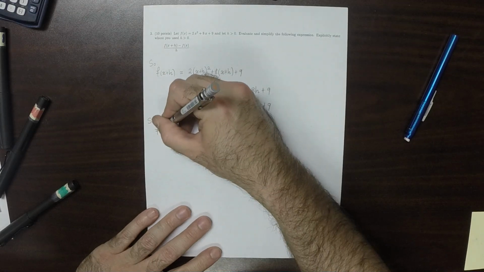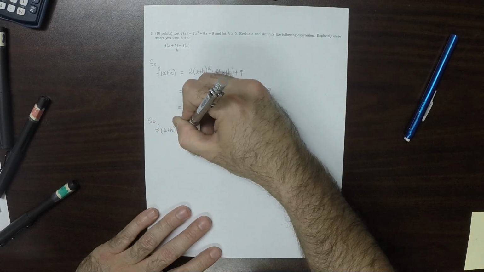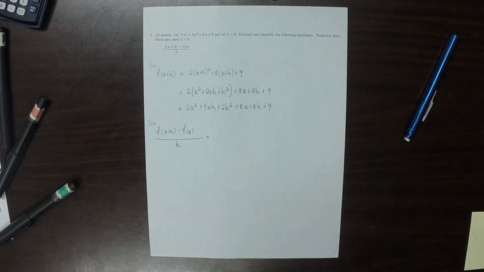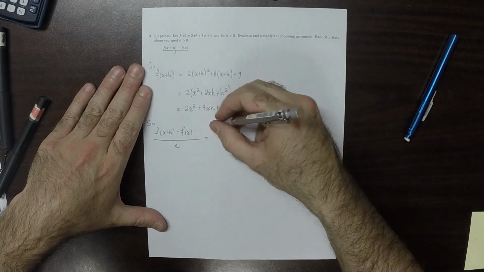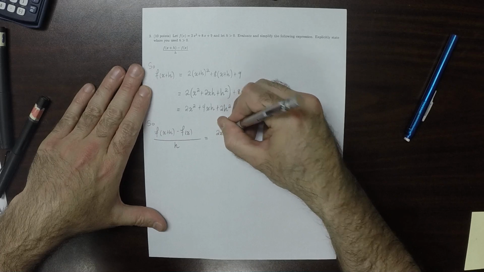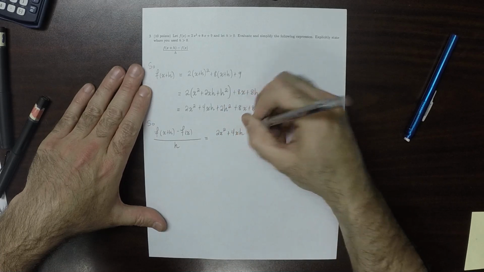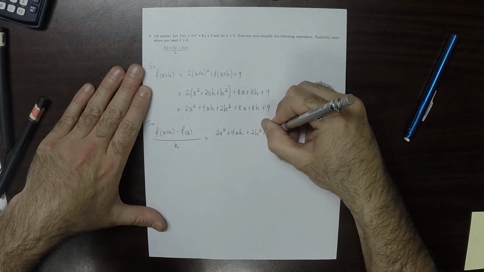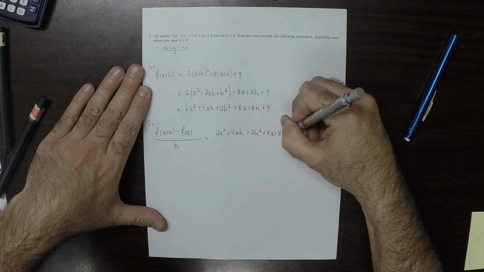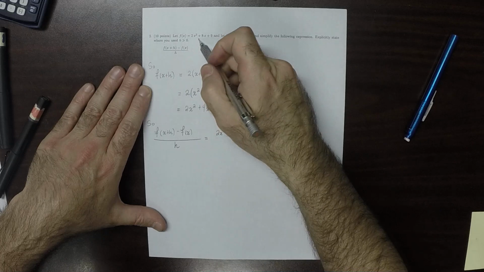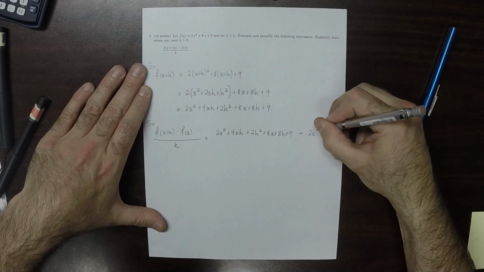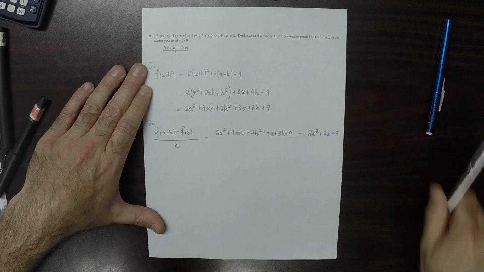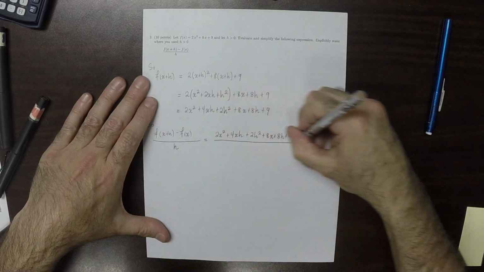So the difference quotient, f of x plus h minus f of x, all over h, is that. So 2x squared plus 4xh plus 2h squared plus 8x plus 8h plus 9, and then we're going to subtract that much: 2x squared plus 8x plus 9, and then all of this over h.